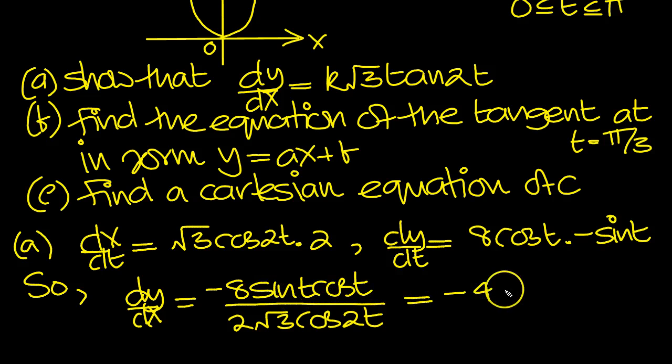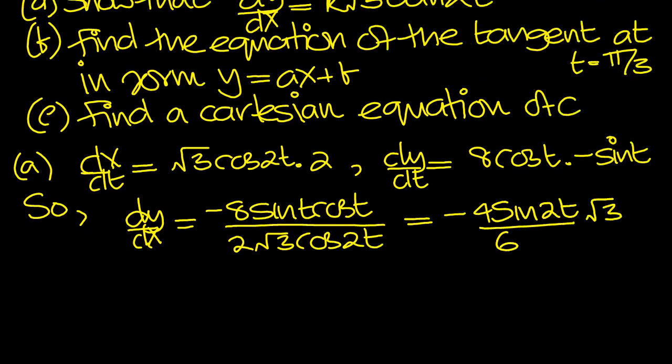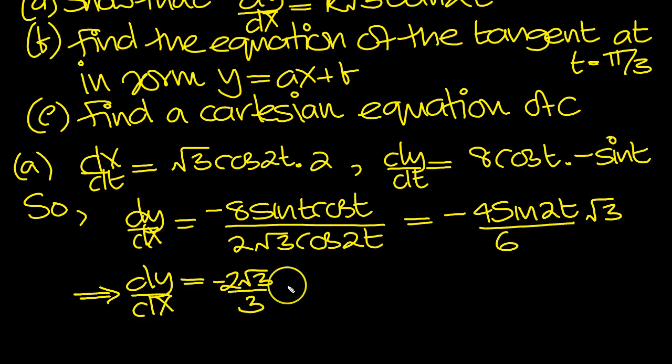The 2 sine t cos t can be sine 2t. And then we can take the root 3 up to the top by root 3 over 3. There's already a 2 there to make 6. So we end up with minus 2 root 3 over 3 sine 2t.